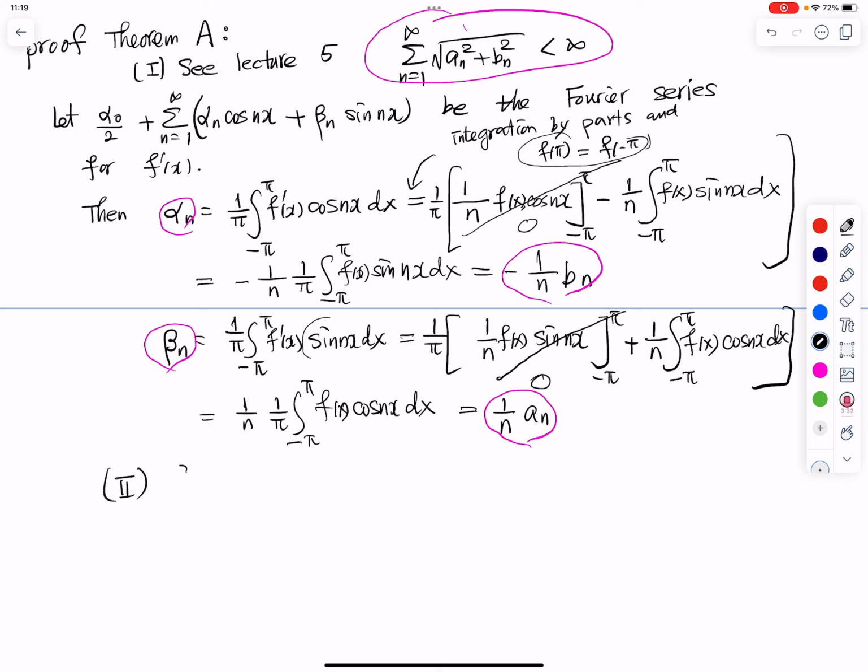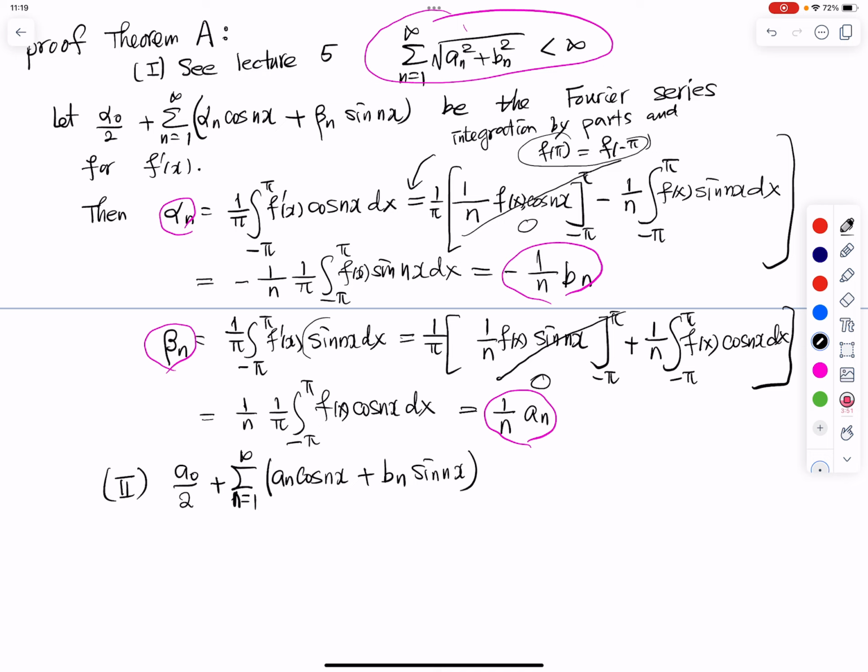So what is the Fourier series? The Fourier series is this summation, n from 1 to infinity, a_n cosine nx plus b_n sine nx.